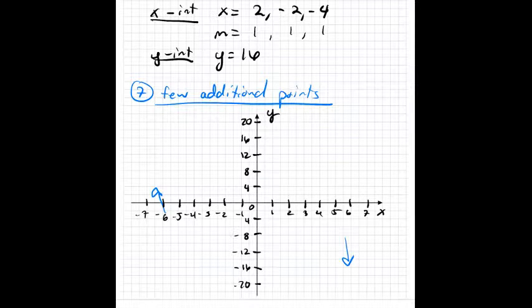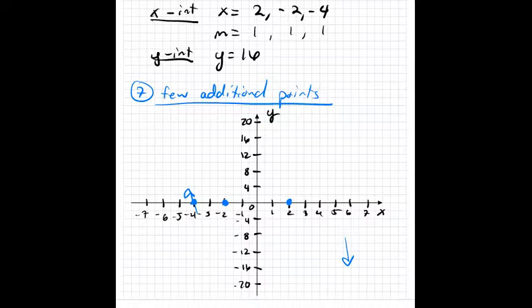Okay, let's plot the x-intercepts. We got negative 2, 2, and negative 4. We said that it crosses at each of these, so we're anticipating it crossing there, and it should cross here.